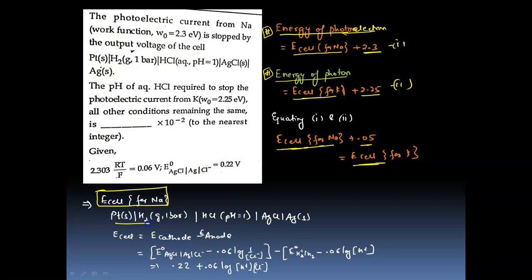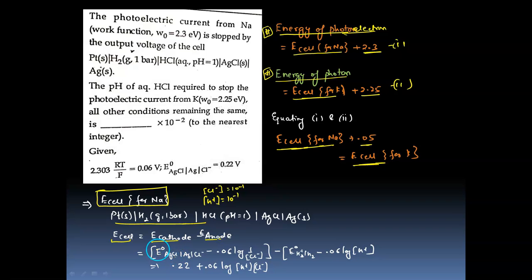We can see that the anode is the standard hydrogen one, right? And we have hydrogen gas and this HCl. pH is equal to 1, which means we can say that the H plus concentration over here is 10 raised to power minus 1, because Cl is also coming from here, so Cl minus will be 10 raised to power minus 1, right? Okay, and that is kept with this metal insoluble salt anion. So EMF of the cell is equal to cathode minus anode, right?